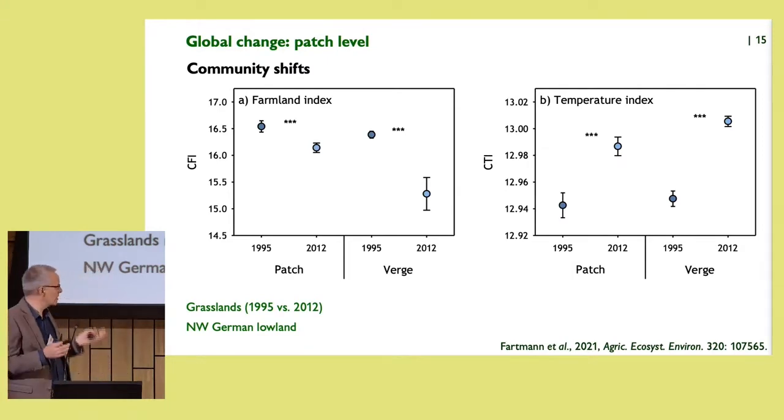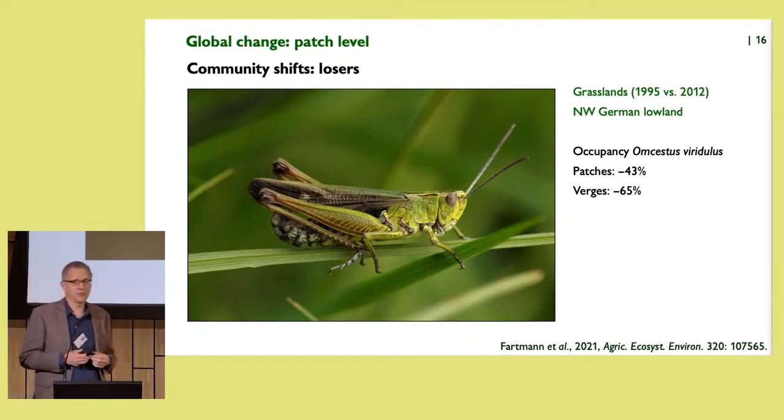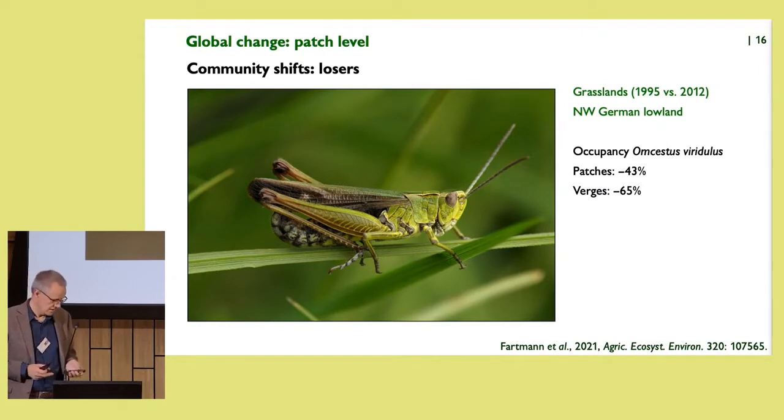And the pattern we also saw before in the grid map-based study. The species that suffered most in our grasslands was Homocestus viridulus. It declined by more than 40% in the grassland patches and by more than 65% in the verges.